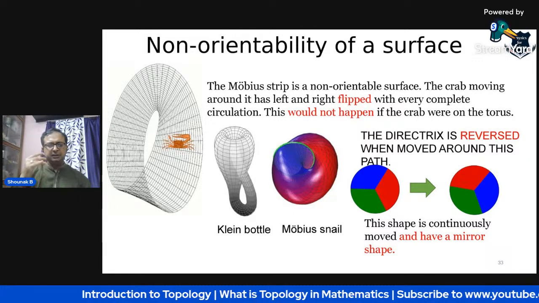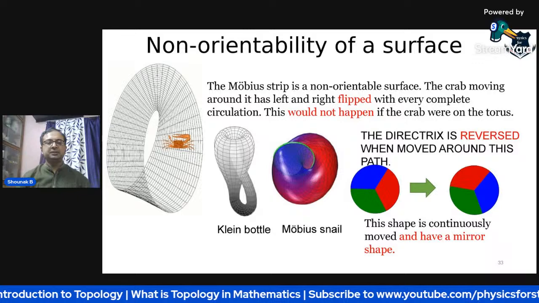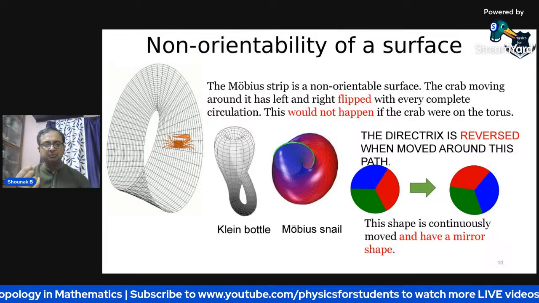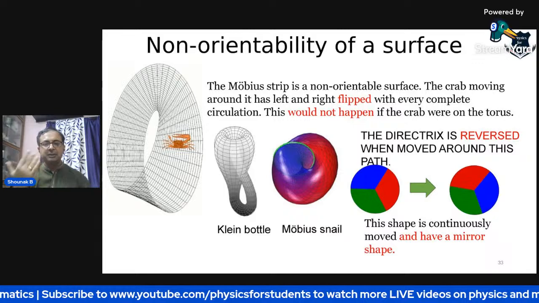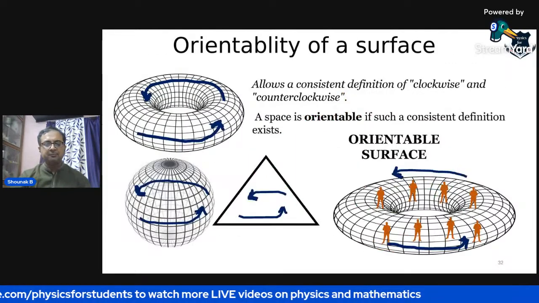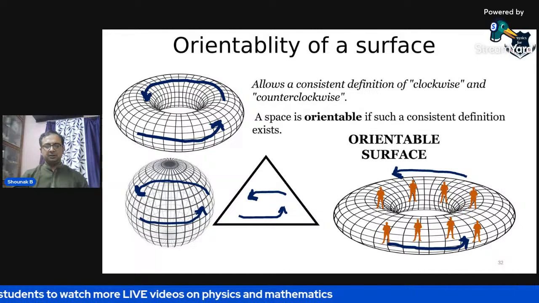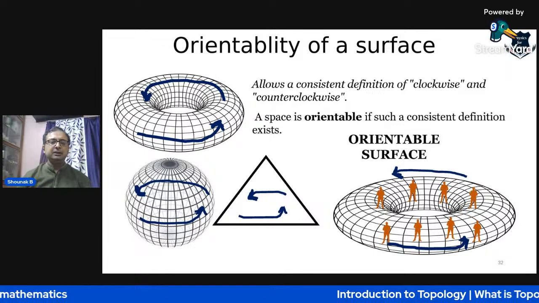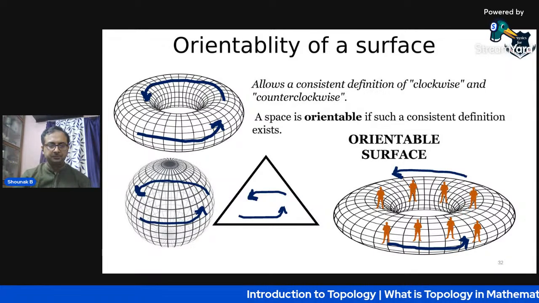You see a Klein bottle, you see a Mobius strip. These are non-orientable surfaces. The crab moving around it has left and right flipped with every complete circulation. This won't happen if the crab was moving through a torus. If I'm moving through a torus from here to here, you will see that my orientation won't be changed.